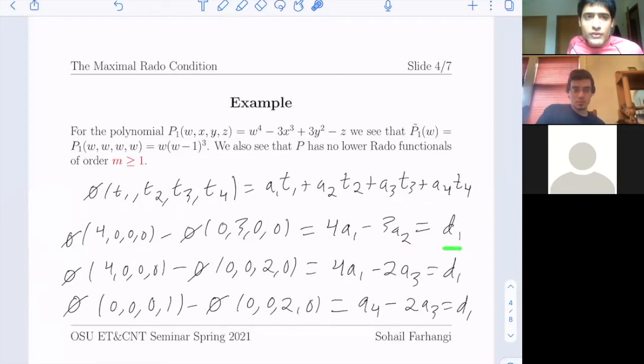So that means that whatever your coloring is, there's infinitely many distinct monochromatic quadruples A1, A2, A3, A4, that let you make this functional, such that 4A1 minus 3A2 is equal to D1.